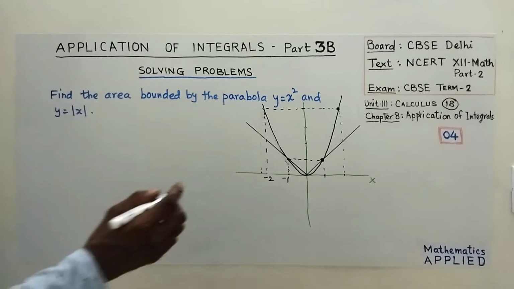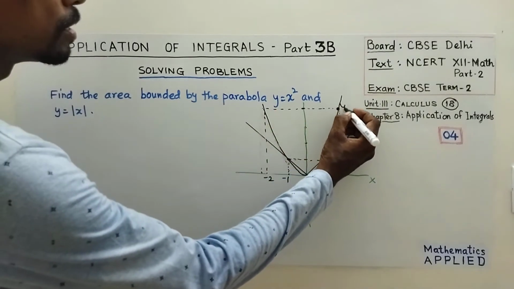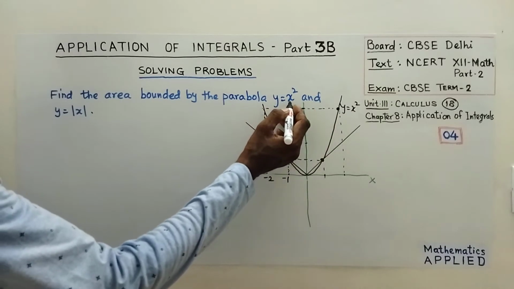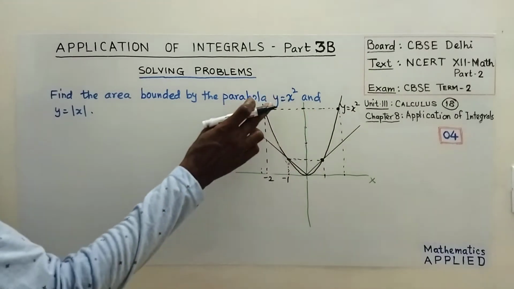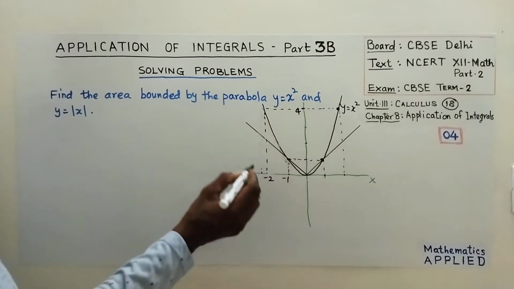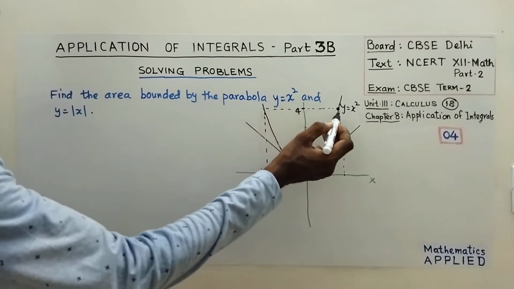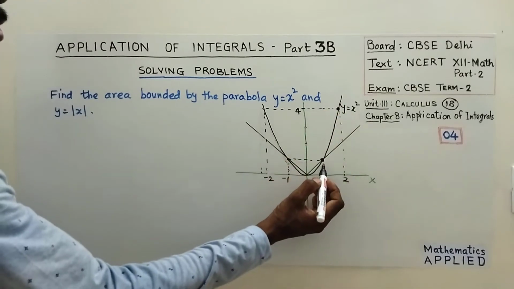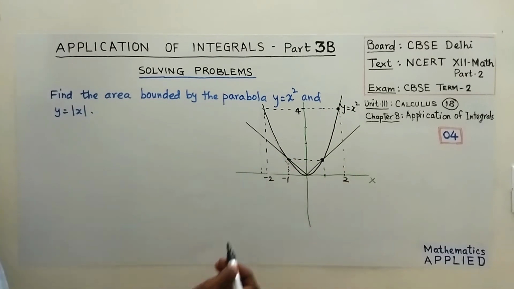Here this is the curve y equals x square. If I solve this, it is simple: x equals 0, x equals 1, x equals 2. If I apply them, I get values for y. So this is y equals 4. So this curve is going to pass through 2, 4. So this is 2 and this is 4. It passes through 1, 1.